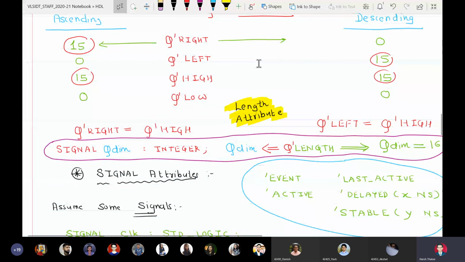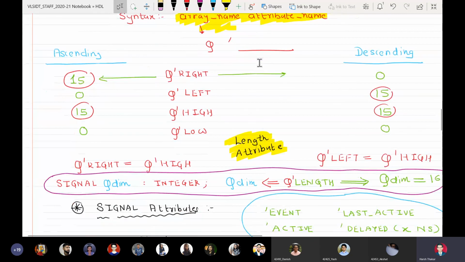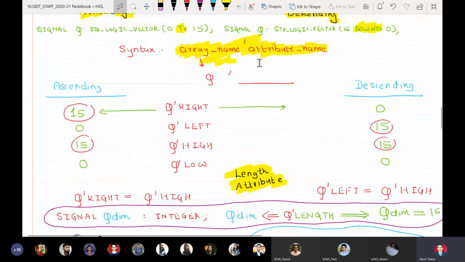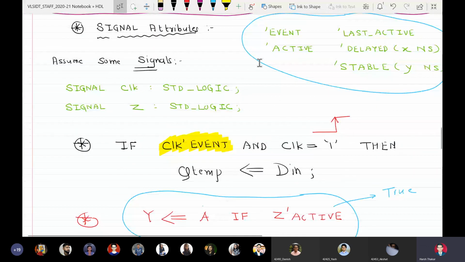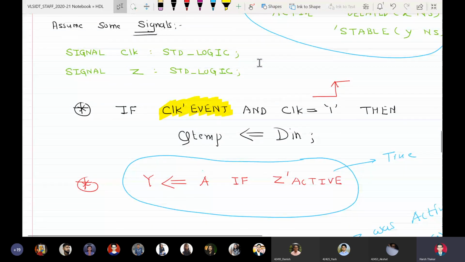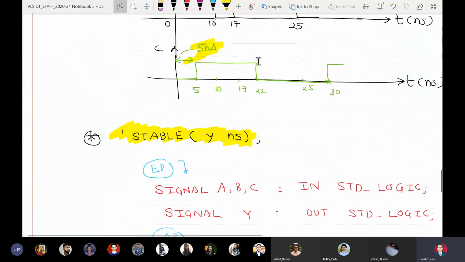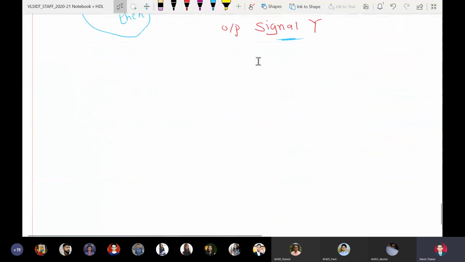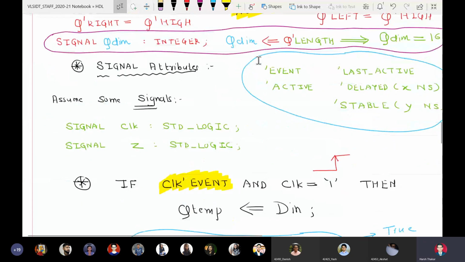And then for this array having size 16, we have discussed all the attributes, and we added one attribute called length. And then we discussed by taking individual examples all the attributes of signals, that is event, last_active, delayed, stable. These 4 were there. Okay, fine.